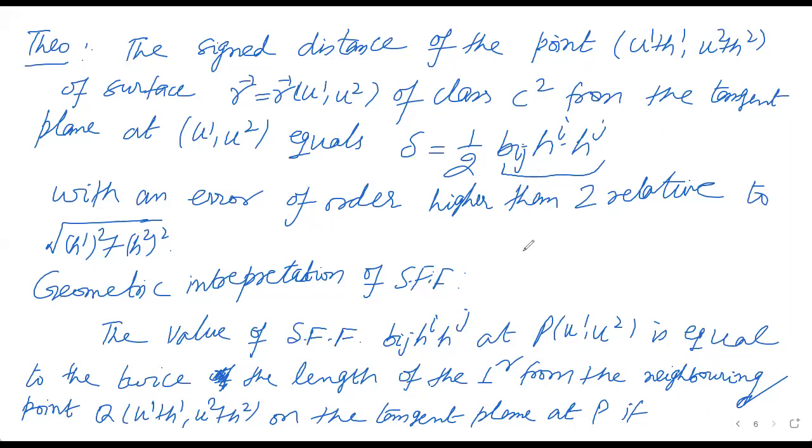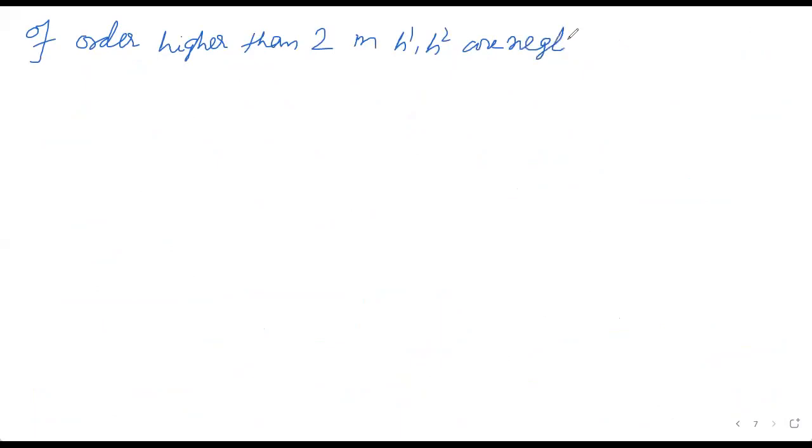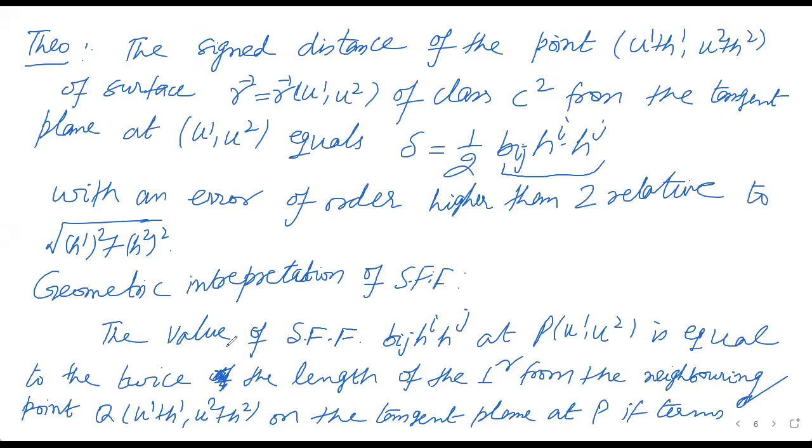So the second fundamental form is twice the length of the perpendicular of the neighboring point on the tangent plane at P if terms of higher order than 2 in h1 h2 are neglected, है ना। ठीक है भाई, तो ज्योमेट्रिकल इंटरप्रिटेशन हो गई आपकी, नहीं?